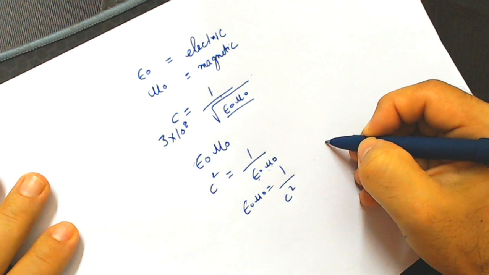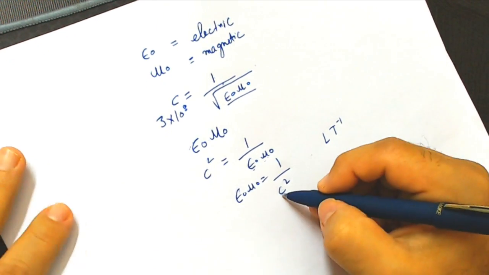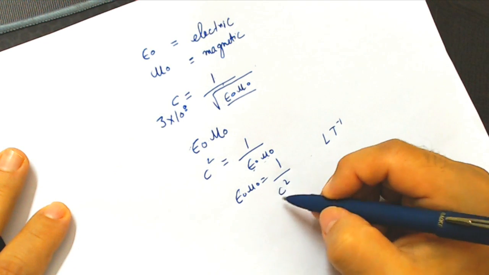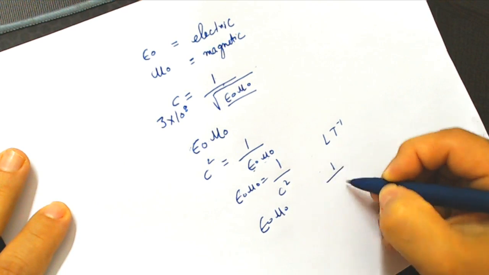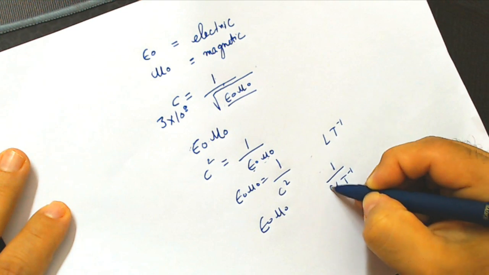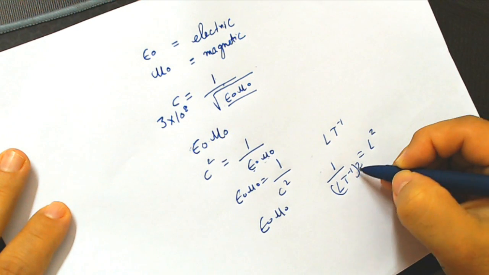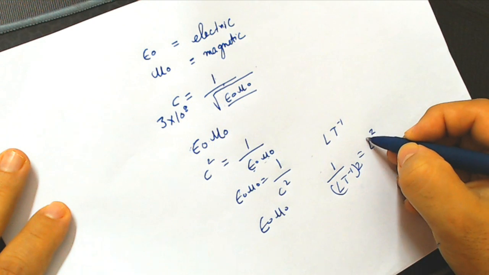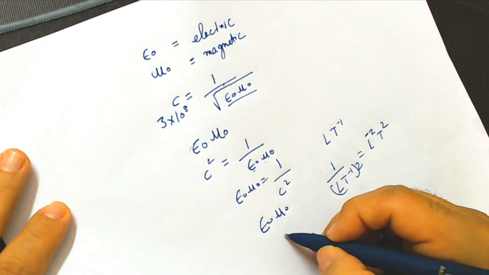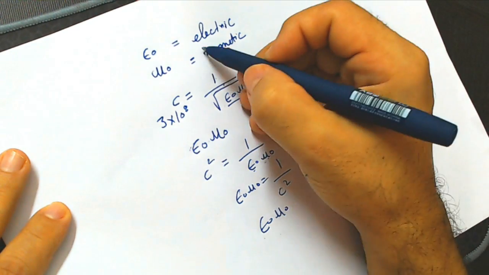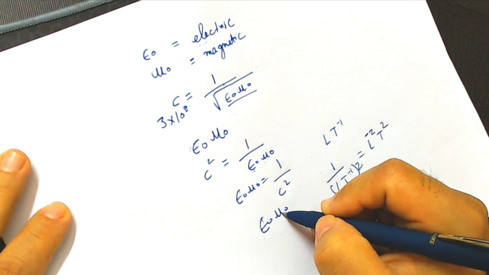And c, which is velocity, is LT⁻¹, okay? So the dimensions of epsilon-nought mu-nought are going to be 1 upon (LT⁻¹) whole square, which is L⁻² T². So these are the dimensions of the product of electric permittivity of space and magnetic permeability of space, okay?